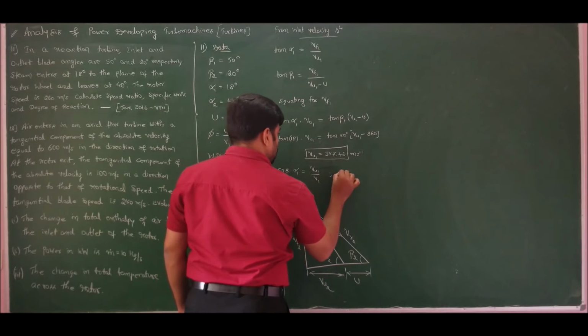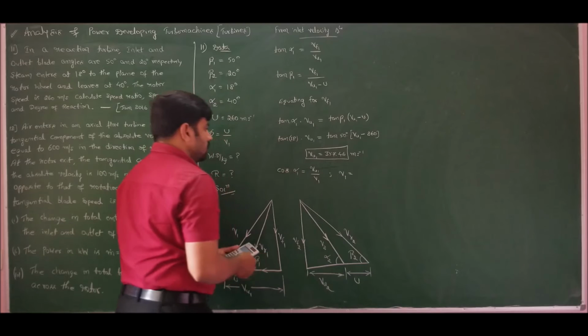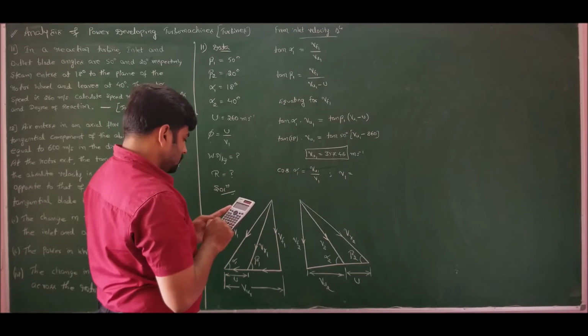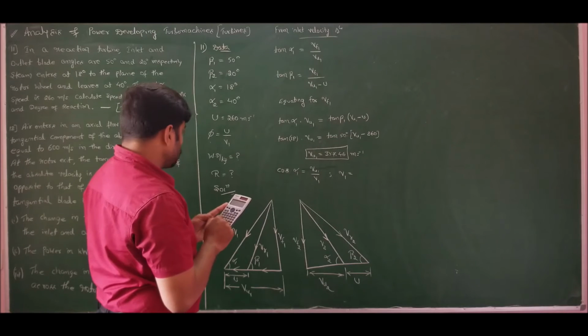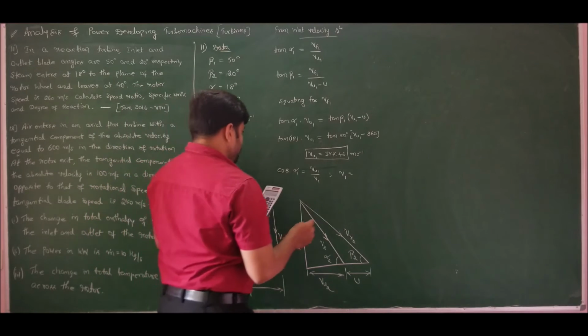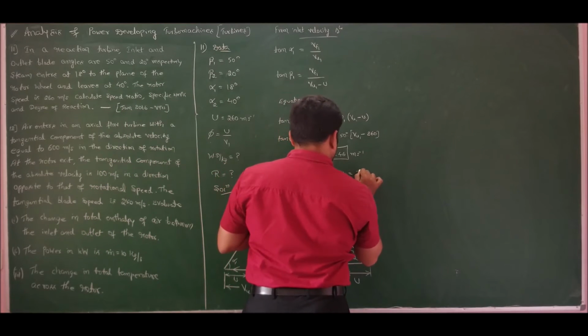So V1 is equal to Vu1 by cos alpha 1, which is 357.46 divided by cos of 18 degrees. So V1 is 375.86 meters per second.